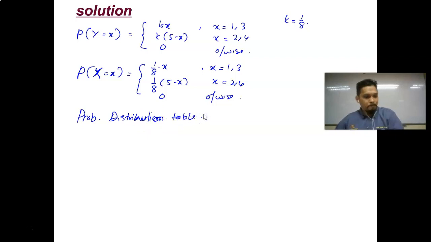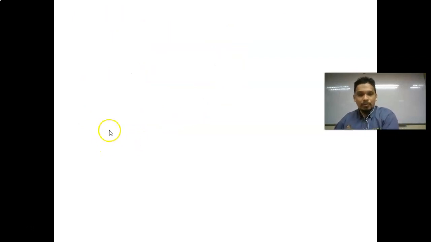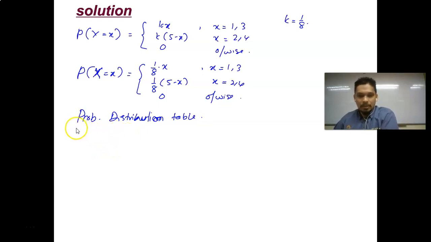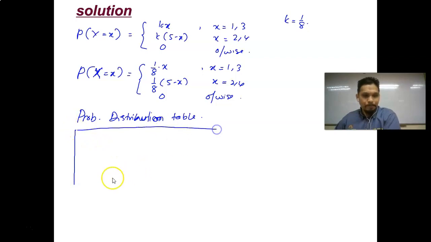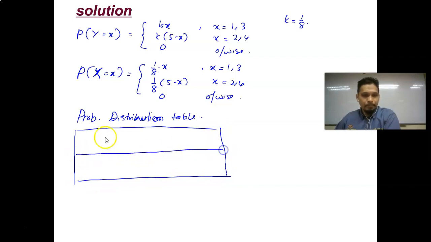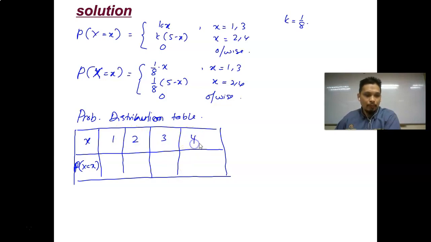So I need to come up with a table here. X, probability of X equal to an x. X equal to 1, 2, 3, 4.